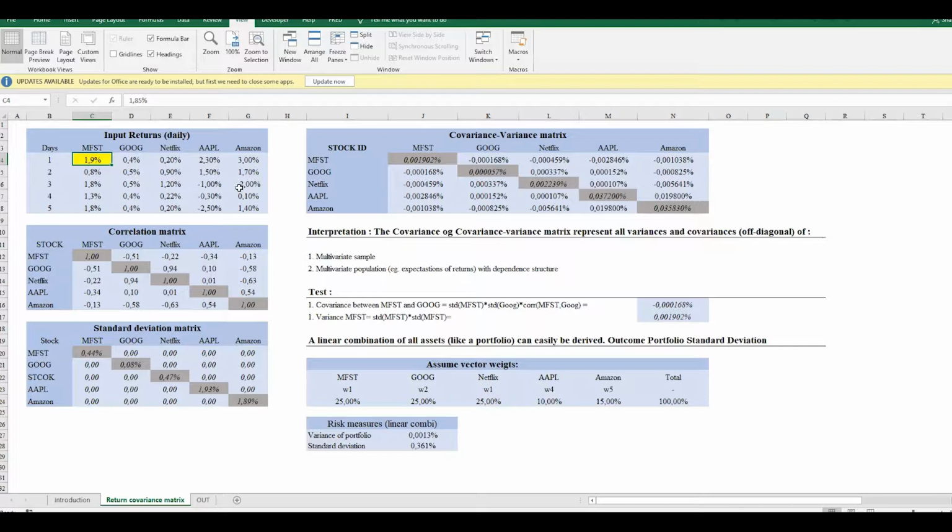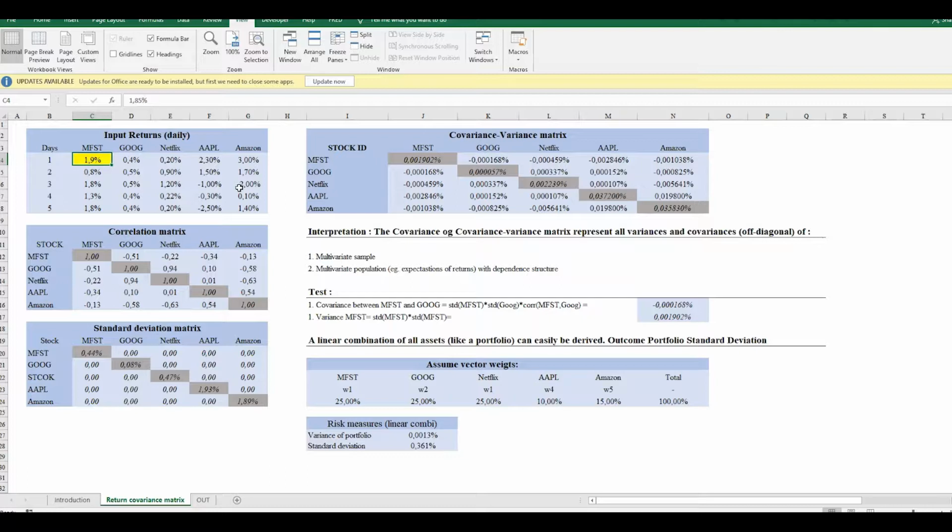I will start with the inputs, and when we calculate standard deviation and covariance and variance for use in finance, normally we use the returns, but the returns in relative numbers, that is in percentages.